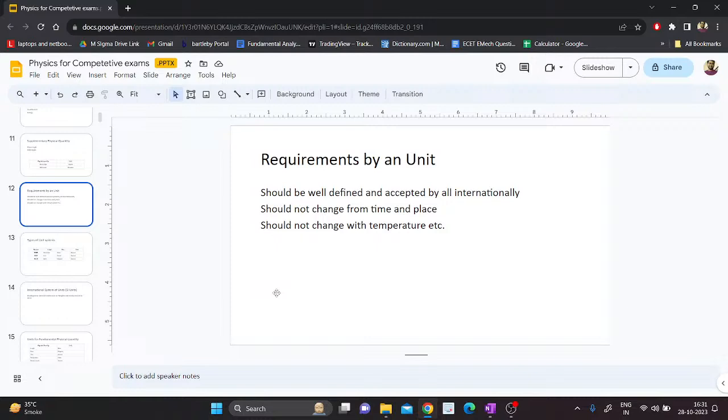Nowadays we have a standard formula between feet and meters, right? If that uniformity is not there, we cannot call it a unit. So that's a basic requirement here, and it also should not change with temperature or anything as well.